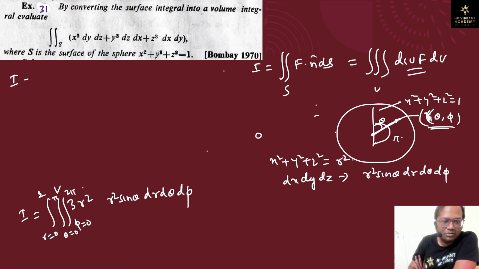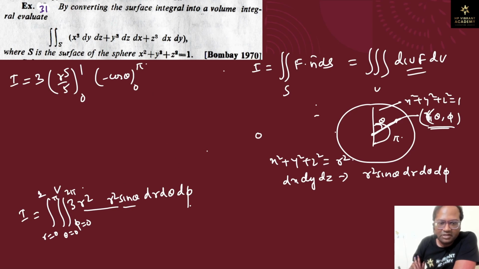So I is equal to 3 times, this is r square times r square, which is r to the power 4. The integral is r to the power 5 upon 5, limit 0 to 1, and we have sine theta d theta, so this is minus cos theta, limit on theta 0 to pi. The integration of d phi is phi, so phi limit is 0 to 2 pi.